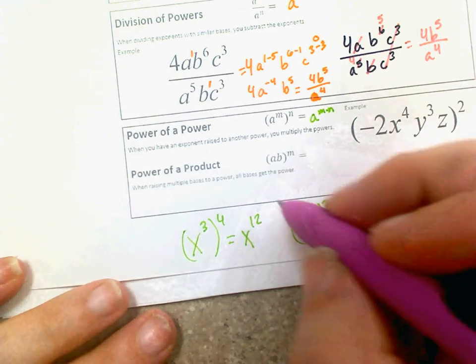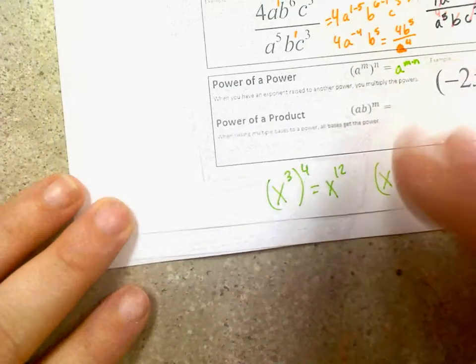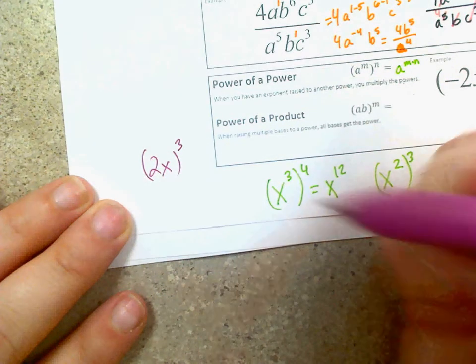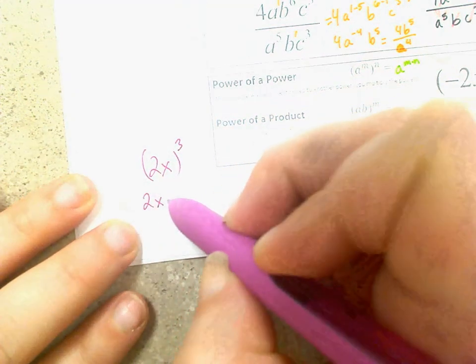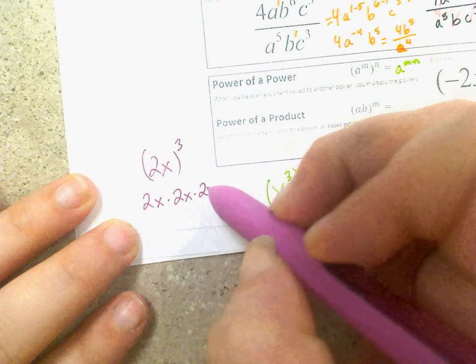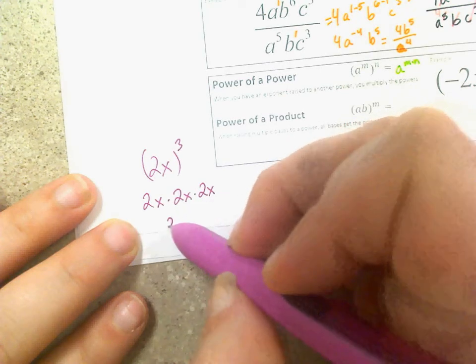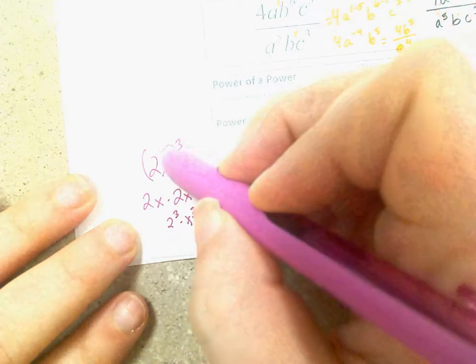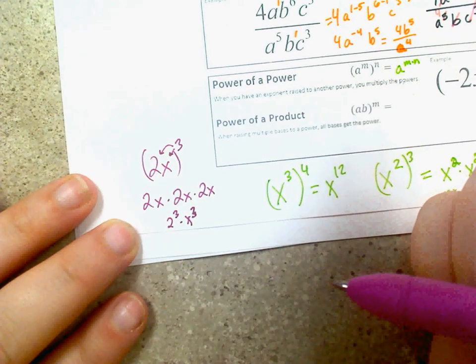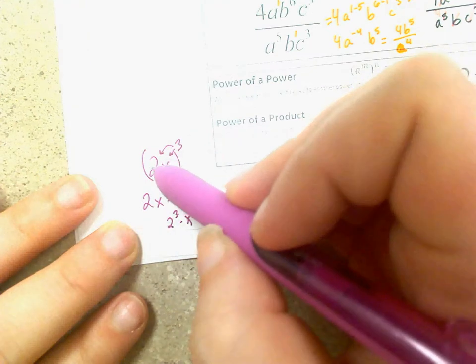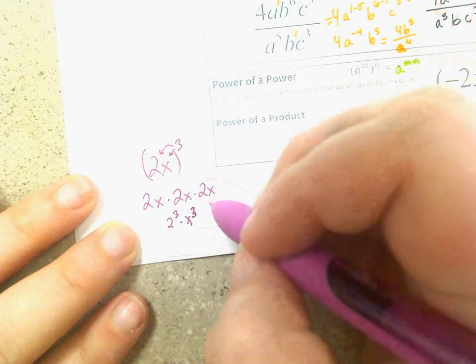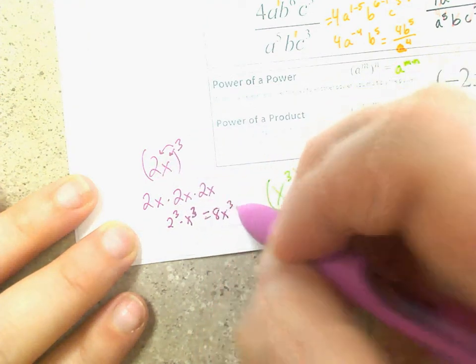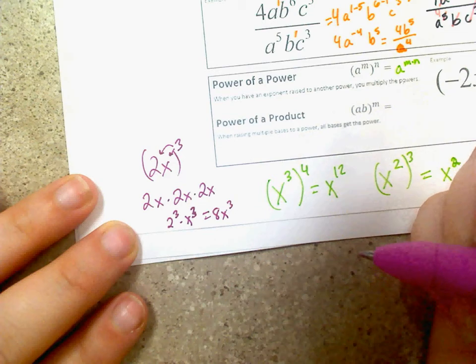So if I asked you to raise 2x to the 3rd power, that means 2x times 2x times 2x, which might as well be 2 cubed times x cubed, which means when we're multiplying, we can distribute the power. So that is going to be a 2 cubed and an x cubed, which is just 8x cubed. Okay, so 2 to the 3rd is 8.